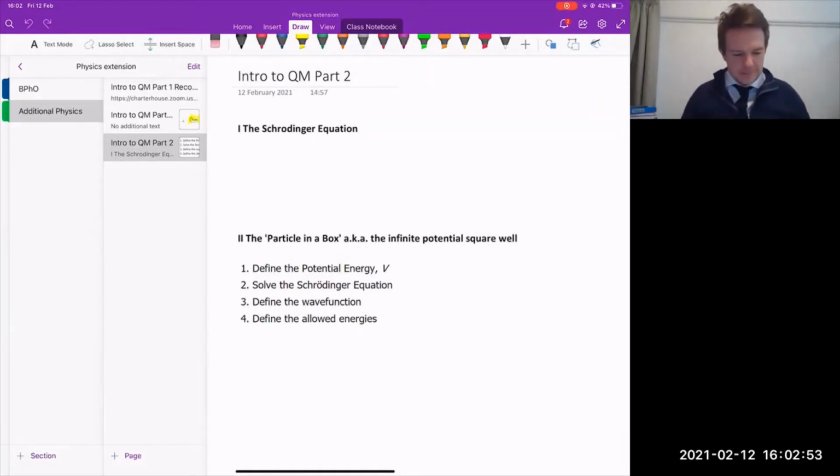I am going to take the Schrodinger equation and try to explain how to use it for a simple situation. This session may well end up being a bit of a maths lesson.